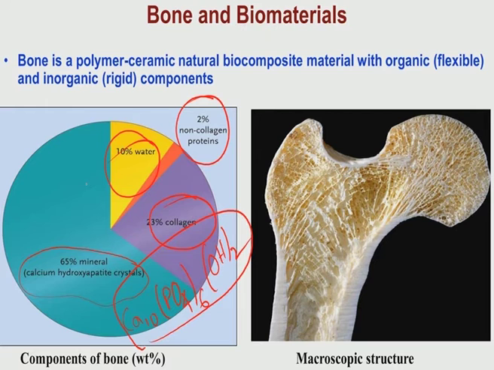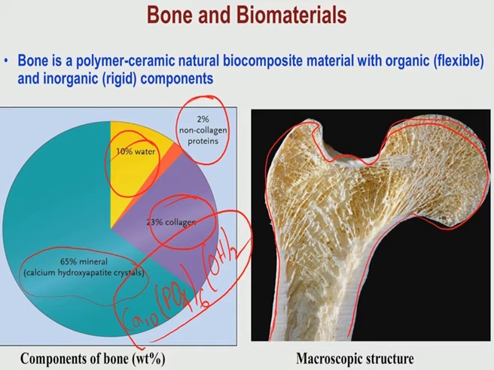The other thing I would like to bring to your attention is that this is a rough macroscopic structure of a part of a long bone. What you can see is that this bone does not have a very regular geometric shape and size, meaning you cannot describe this bone structure using a regular cylindrical, rectangular, or square shape.